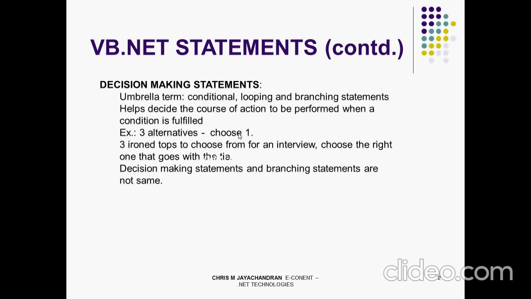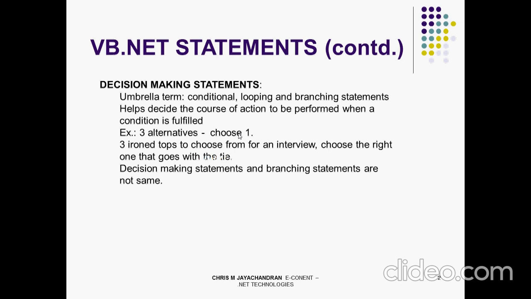By the term decision-making statements, we refer to those statements that help us to decide on a course of action to be performed based on the satisfaction or fulfillment of a condition. So let's say there are three alternatives. We may have to choose one. We call that deciding on something.